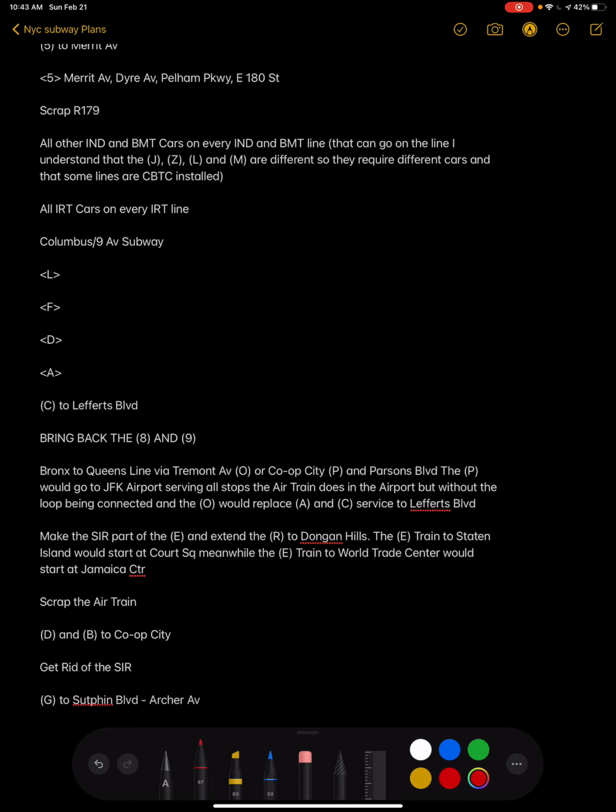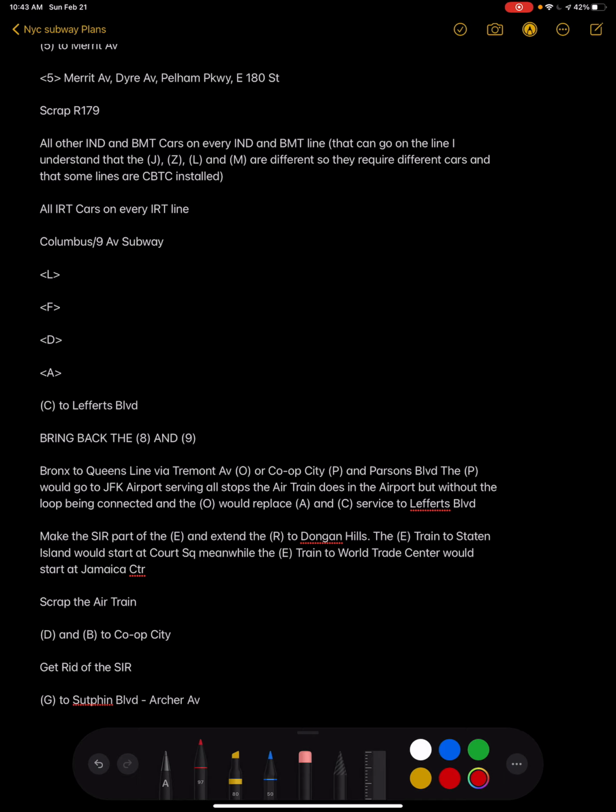So now there are 4 trains and 3 different colors in Co-op City. More specifically, the Parsons Boulevard line for what would be pink, the Lexington Avenue line, which would be green, and the 6th Avenue line, which is orange.